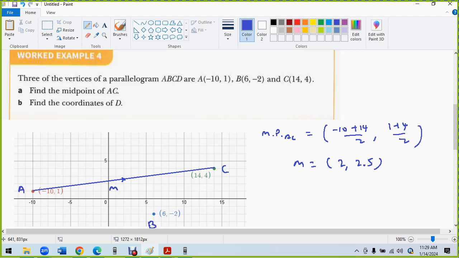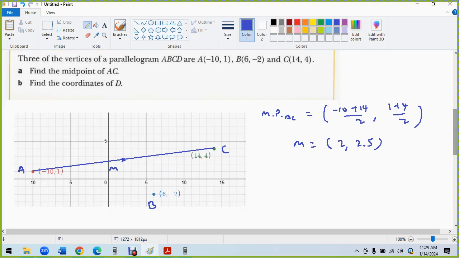we can do it two ways. Okay, but the proper way is using the midpoint equal to midpoint. Okay, so I have the D. Let the D is xy. So the midpoint of BD will equal to the midpoint of the AC.